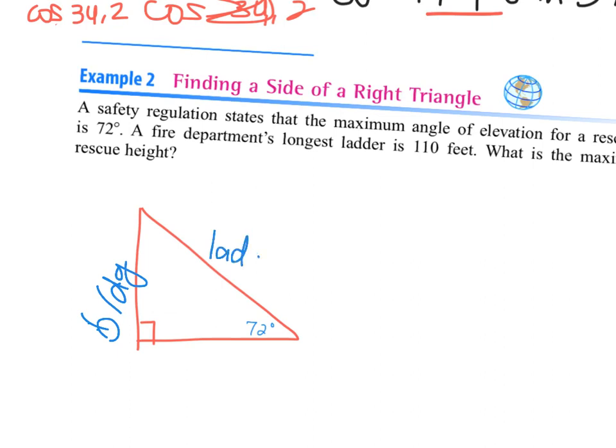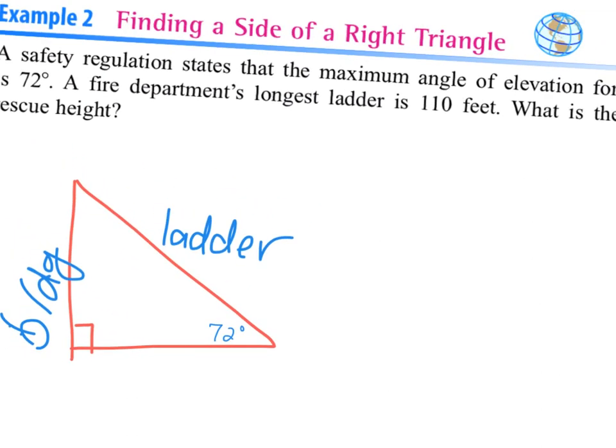Does everybody understand that? You're going to have a question that says like a boat is this far away from the dock. Well, where is the dock? It's like the horizontal part. If I want to know the top of a cliff or the top of a building, then that would be the vertical.